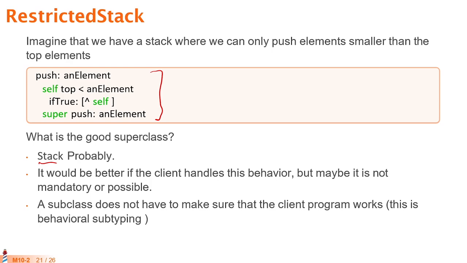Maybe this kind of behavior should be better handled in the client and not hidden in the restricted stack, but maybe that's not mandatory or possible. This depends on the problem we are solving. And also, a subclass does not have to make sure that the client program works.